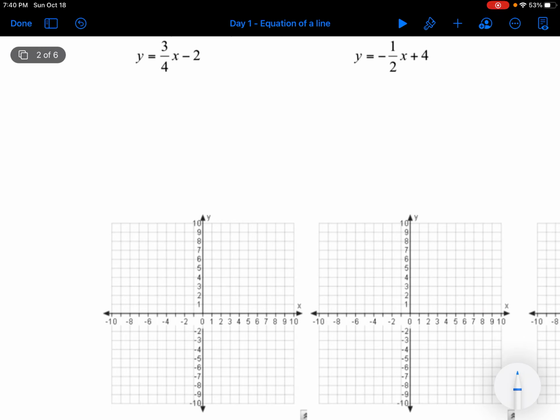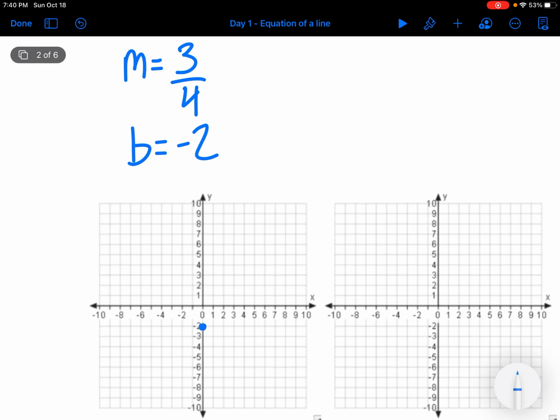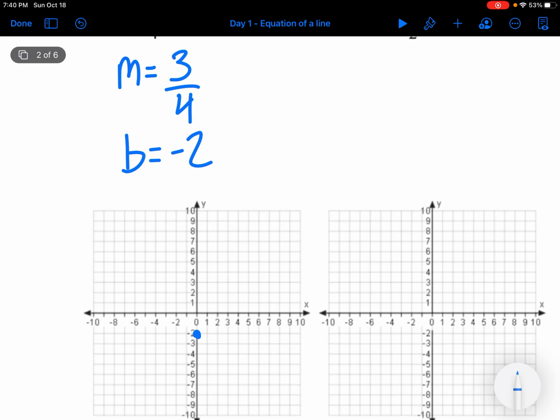So in this case, our slope for the first one is equal to 3 over 4, and our y-intercept, the b value, is -2. So we're going to go to -2 on the y-axis. It's crossing the y, and then we're going to go up 3 over 4. There's 1 point, up 3 over 4, there's 2 points.